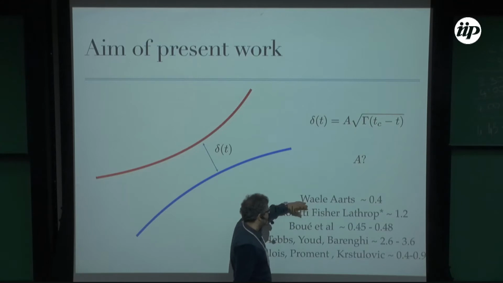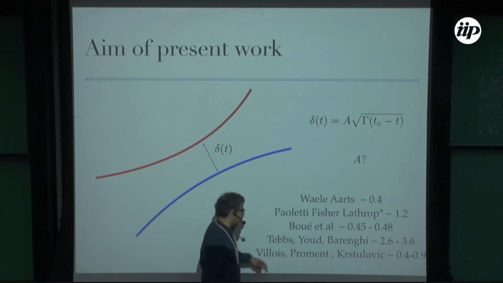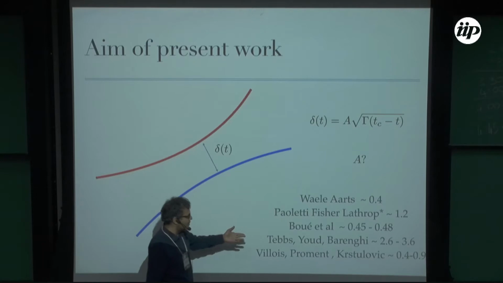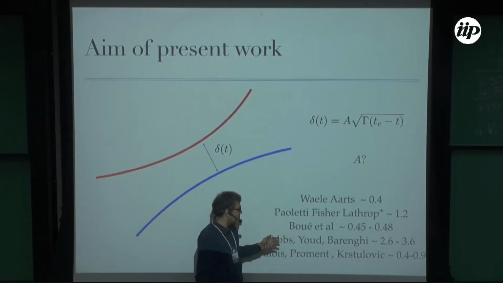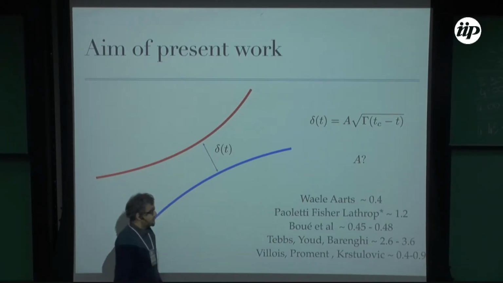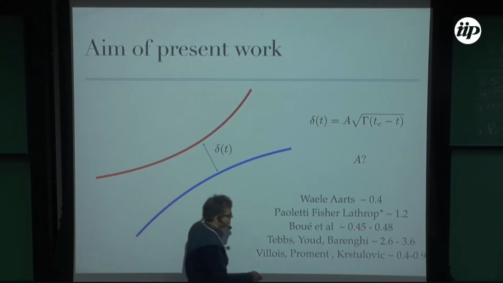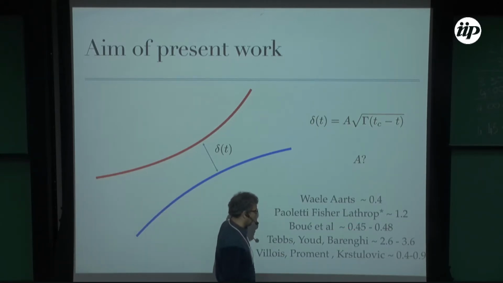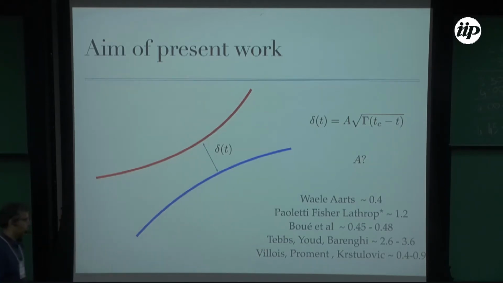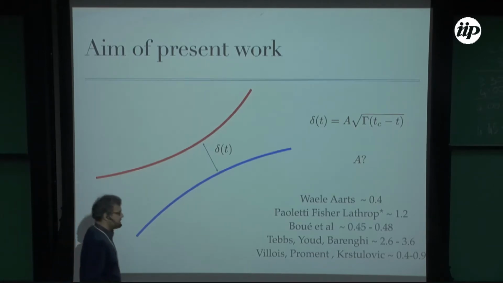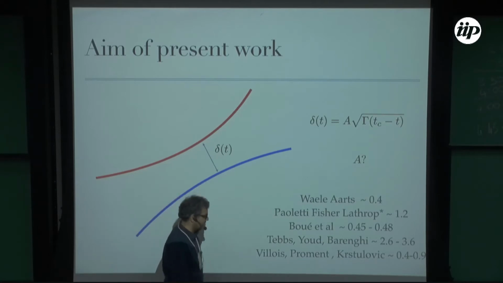This was the first value, about 0.4. Actually what they obtained is a relation between A and the opening angle, and they use the opening angle of Villois and Arts, and they derive A from their relation. There is no selection of A. And in this article, which probably Carlo knows better than me, they use various configurations of circular vortices with lines, and their values range around this number.